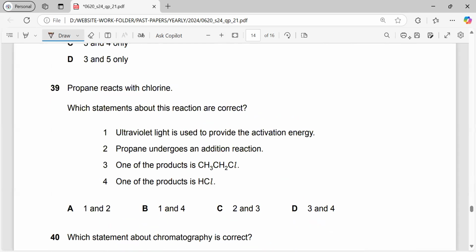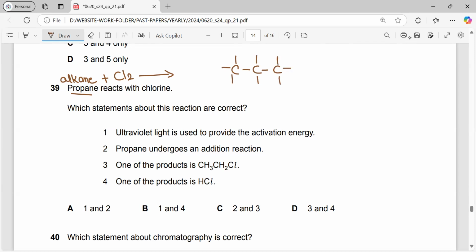Question number 39. Propane reacts with chlorine. Which statements about this reaction are correct? Now, propane is an alkane, and when an alkane reacts with chlorine, this is called a substitution reaction. The chlorine displaces the hydrogen of the alkane.